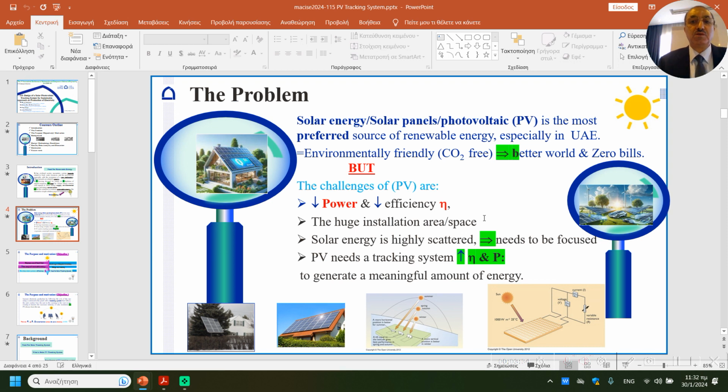Simply, solar energy is environmentally friendly, CO2 free, a better world, and it will lead to a zero electrical bill.